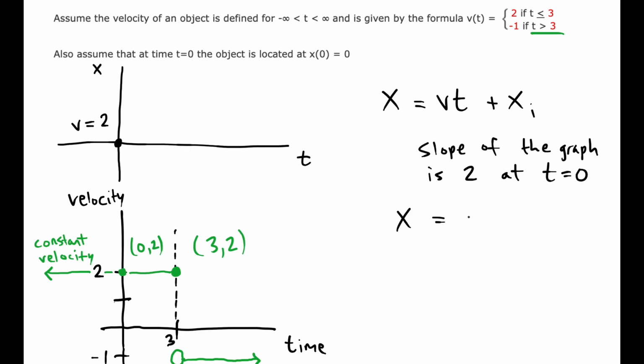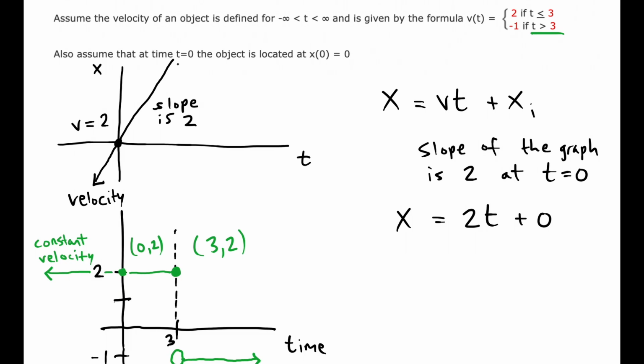So we have x equals 2t plus 0 as a formula for the graph at that time. The xi is clearly 0. They said that right here. So we just have to sketch a graph where there's a slanted line whose slope is 2 at that time. Okay, that'll continue forever as we go to the left.